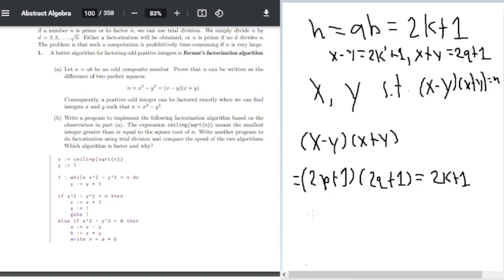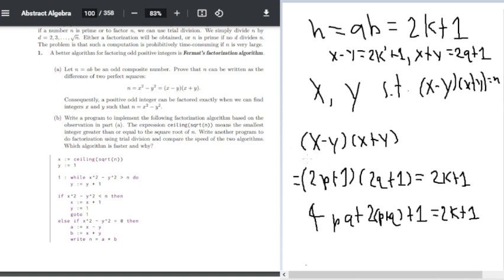So we get that 4pq plus 2p plus q plus 1 is equal to 2k plus 1.